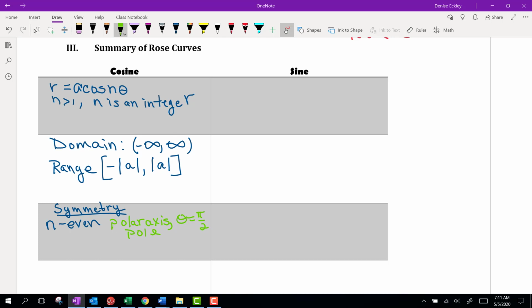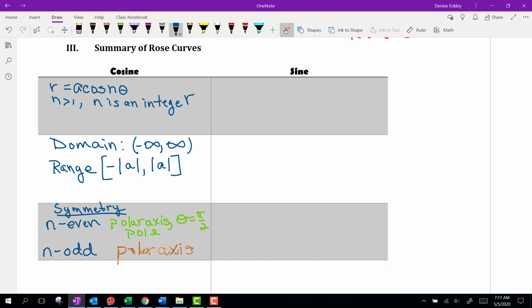If n is odd, because we saw that with the sine, we are going to have just polar axis. That's for cosine.